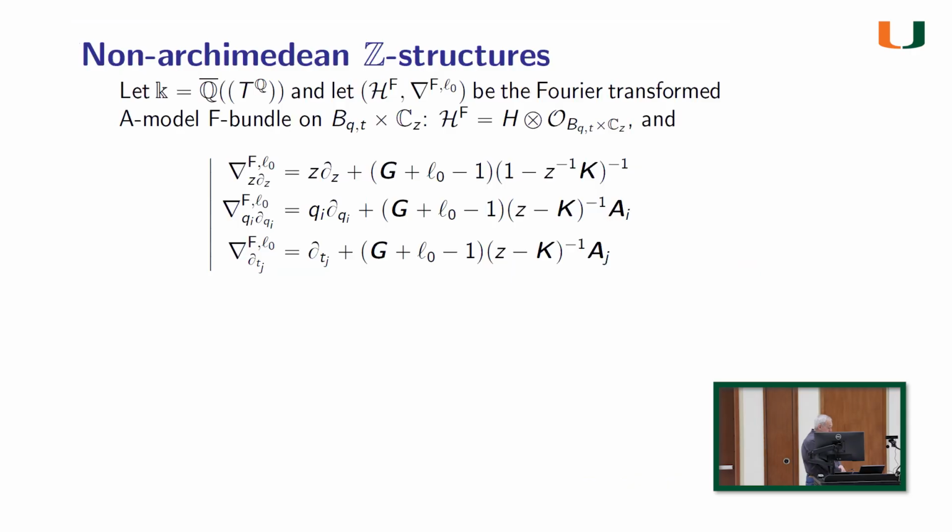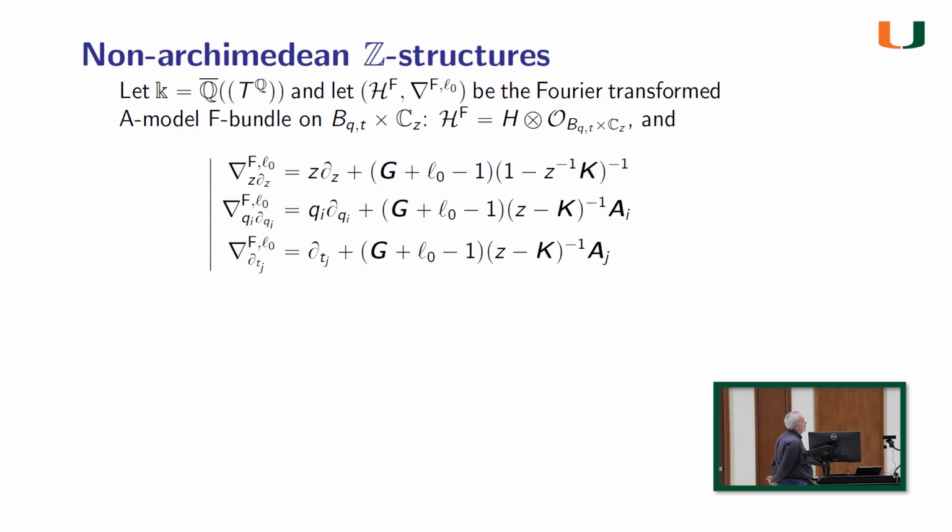Okay, now we want to use this somehow to say what the Z structure is in the non-Archimedean context. So take the non-Archimedean field to be Q power series with coefficients in Q bar. Take the Fourier transformed A model F bundle. And so I wrote down what it is.